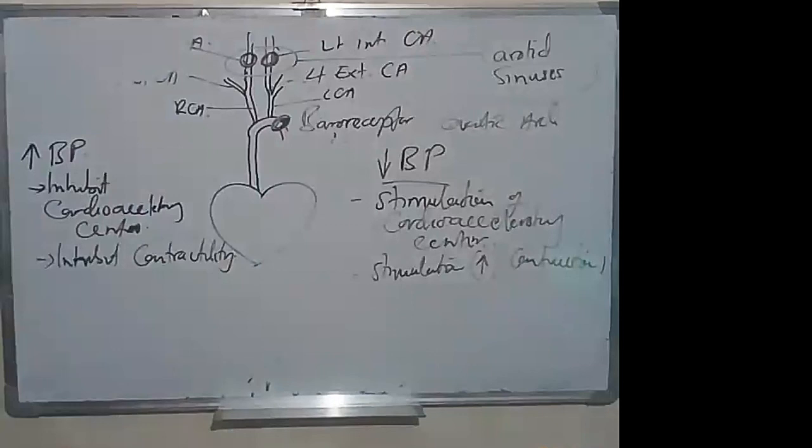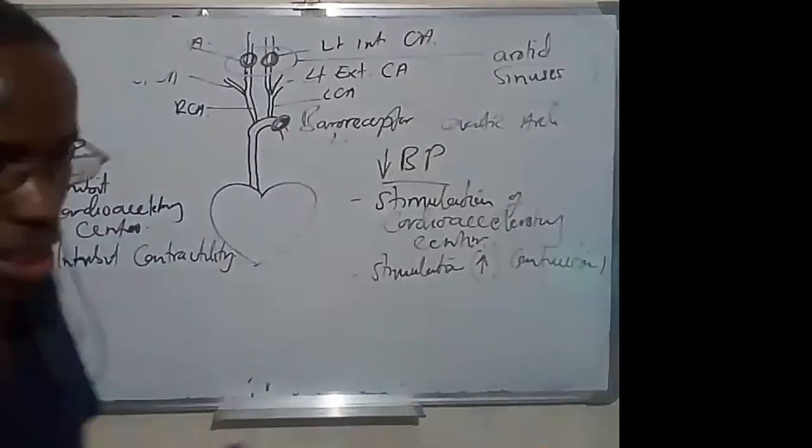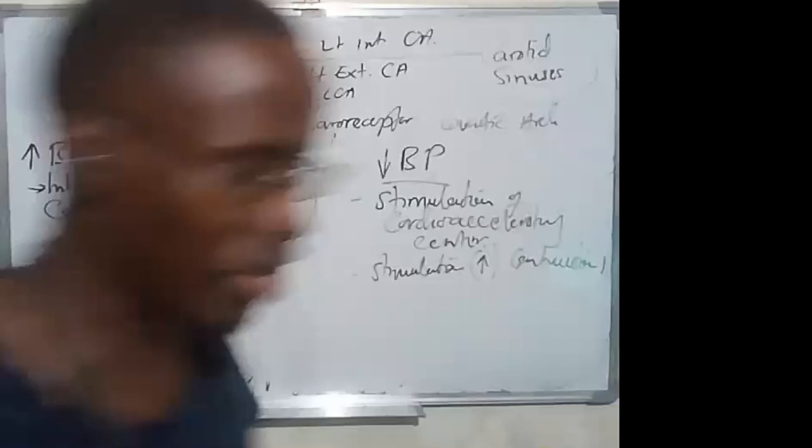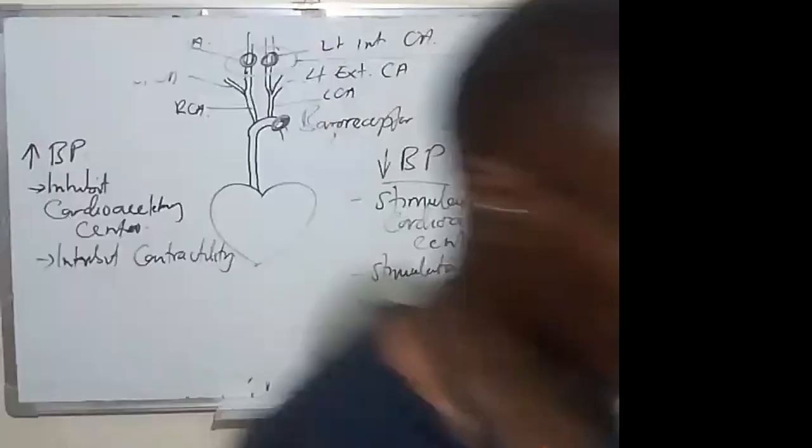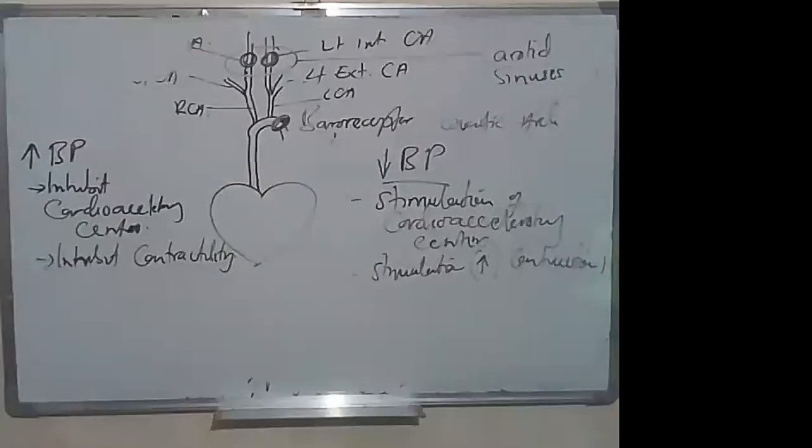It has cells, or rather nerve endings, that are specialized in sensing our blood pressure. So now, when they sense that blood pressure to be increased, we don't want a lot of pressure. What happens is that there's going to be inhibition.